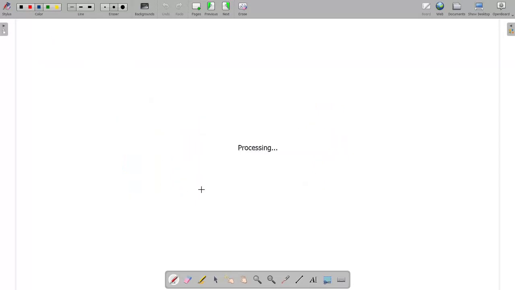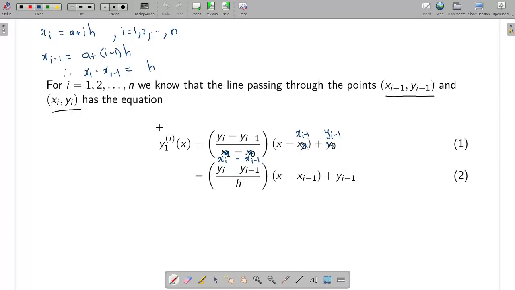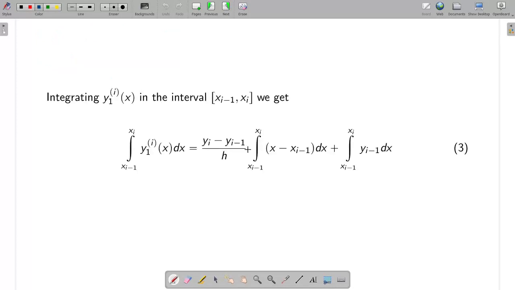In general, we want to integrate y1i from xi minus 1 to xi. What do we get when we integrate this? These are all constants with respect to x, so we can pull them out of the integral, and we are integrating from xi minus 1 to xi, x minus xi minus 1 dx, plus this.